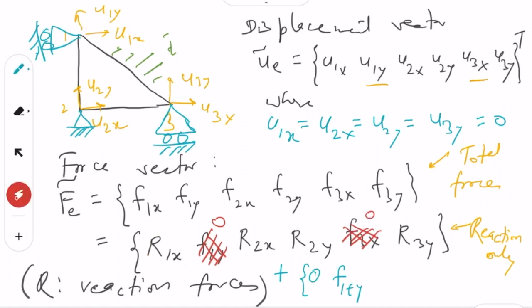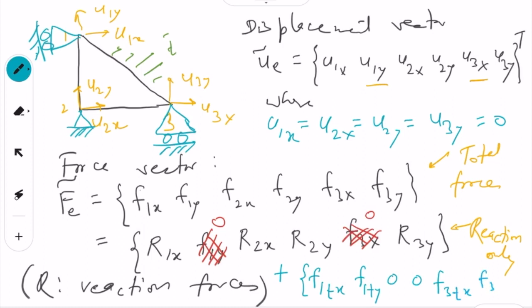So let's write: F1Tx, F1Ty, then 0, 0, F3Tx, F3Ty, like this.